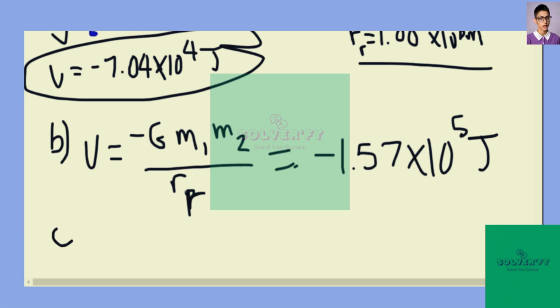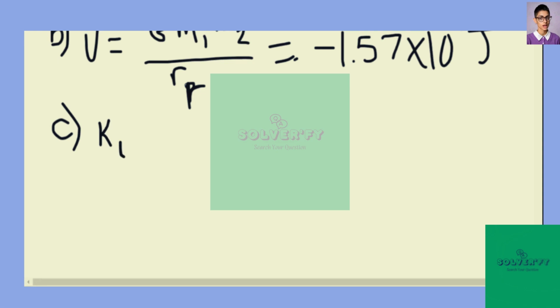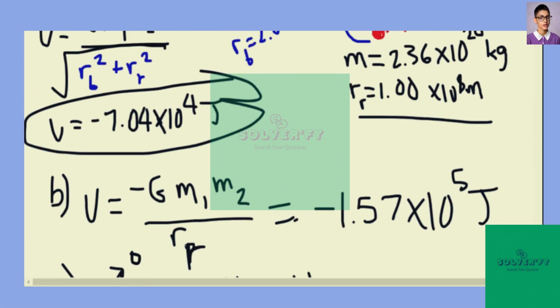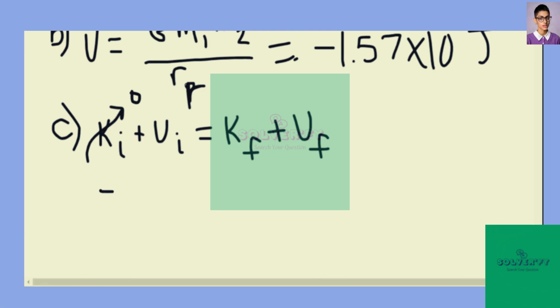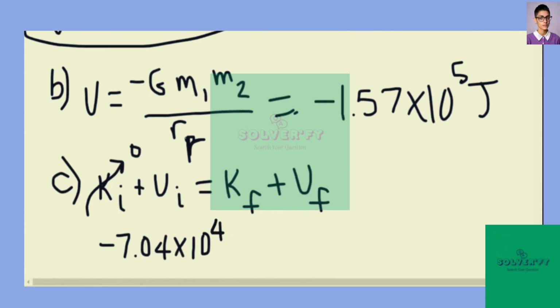All right, C, the speed of the object. Kinetic energy initial plus potential energy initial equals kinetic energy final plus potential energy final. Initially, it was not moving. Its potential energy initially was, we wrote that down as negative 7.04 times 10 to the fourth joules.